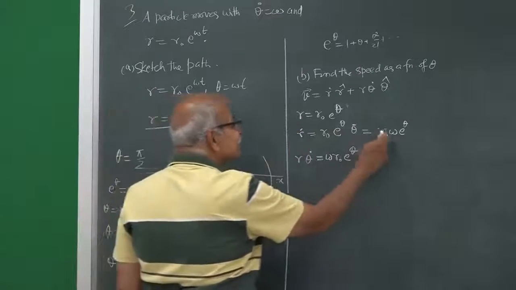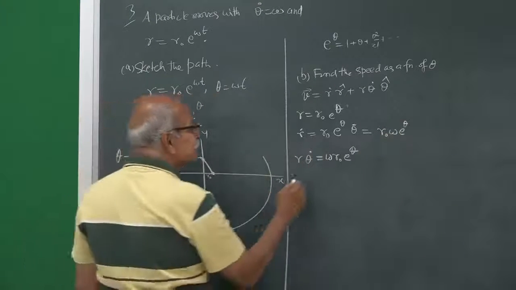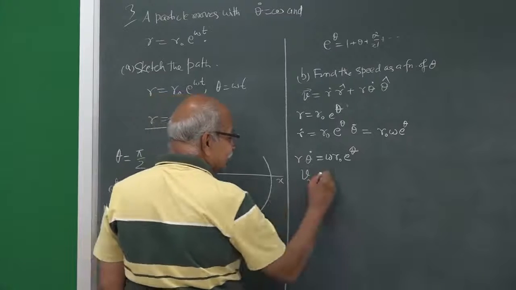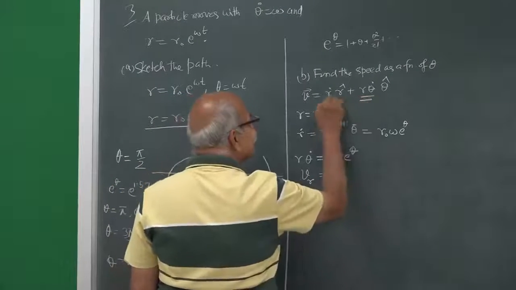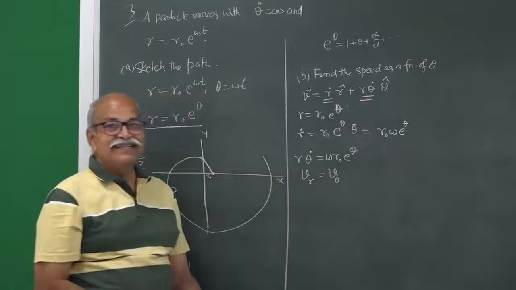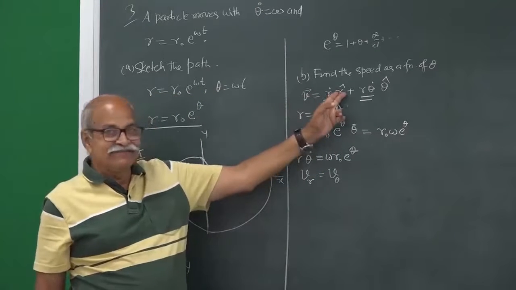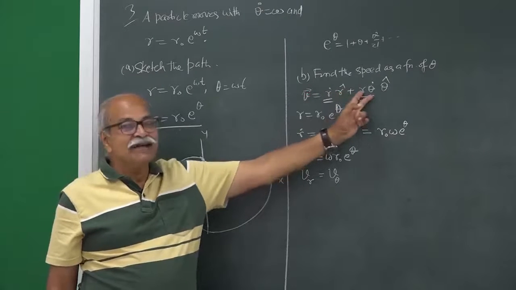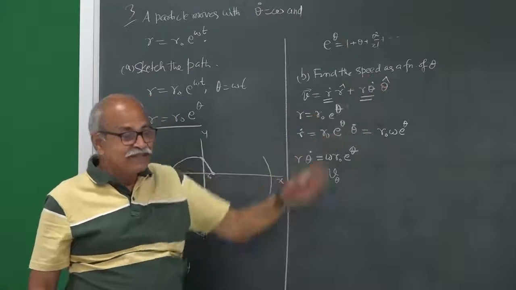That means Vr, r component of the velocity, is same as theta component of the velocity. The component of velocity in r cap direction is the same as the component of velocity r theta dot in theta cap direction.